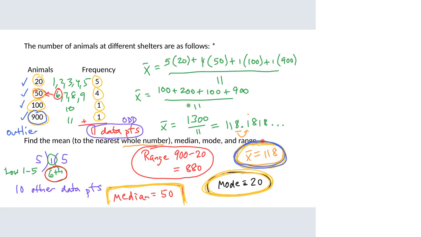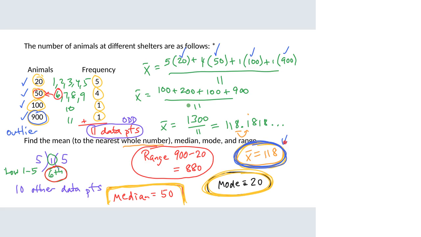And what happens is when we have outliers like that, those outliers have an impact on the mean. When I've got these 20s, these 50s, this 100, those are all kind of in the same ballpark. And then I drop this 900 on here, and what it does is it blows up my mean. This mean of 118, I would say that is not a good representation of this data set because there's only one data point in here that has more than 118 animals.